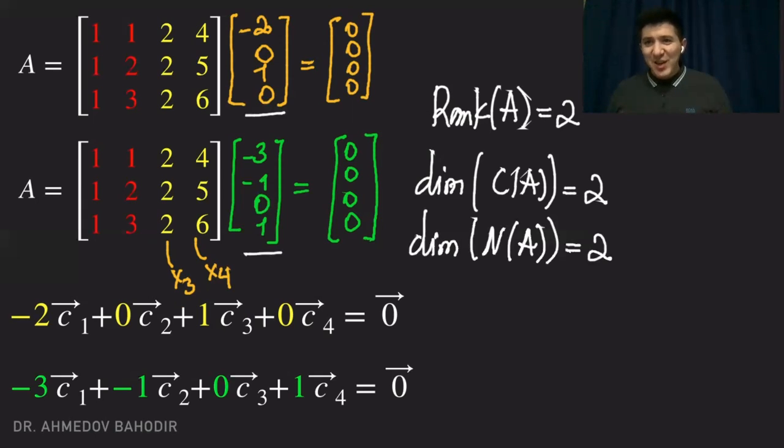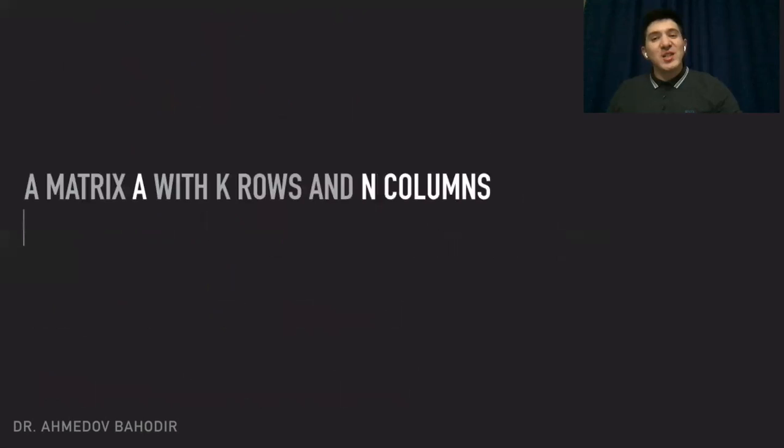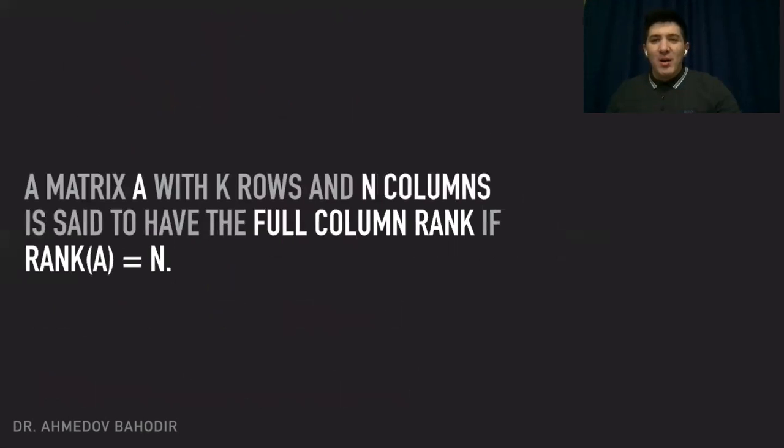So let's go a little bit more theoretical, deeper into the topic of rank. We are going to classify 2 different special types of matrices. The first one is called a full column rank matrix.